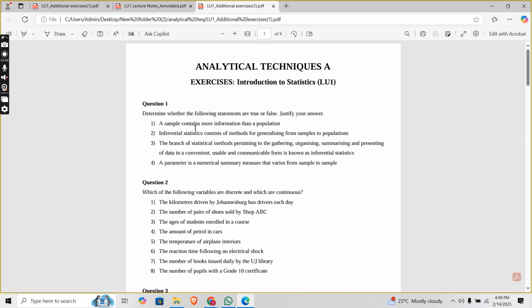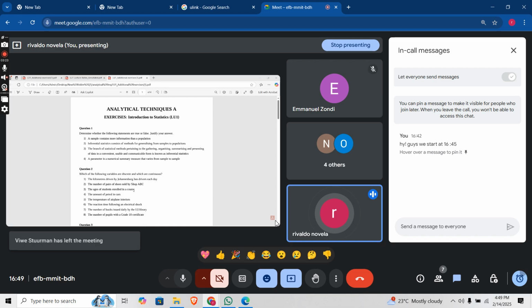If I have a population of 50 people, a sample is when I take only 10 people from those 50 people. So you can agree with me that a sample is smaller than a population, because a sample is derived or taken from the population. If you are okay with the first answer, can you please give me a thumbs up?